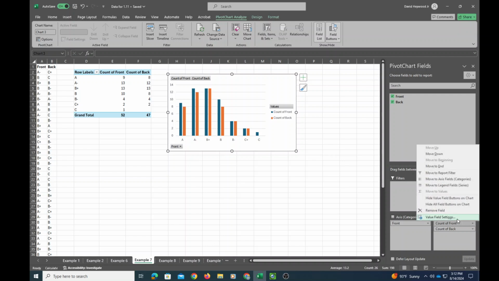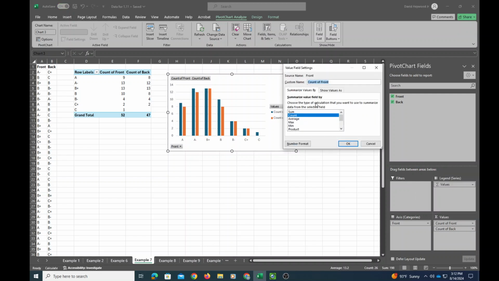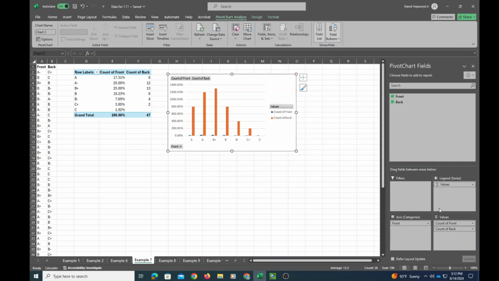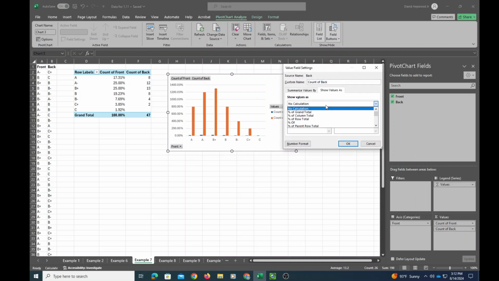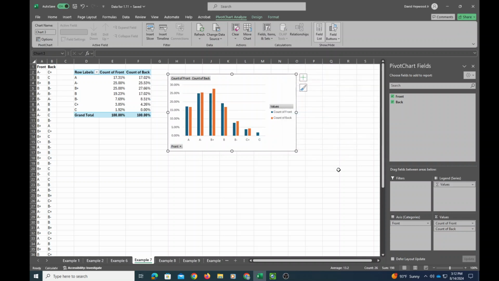So let me change these to percent of column total. Okay, so that's even better. The graph didn't change a ton, but now I have these percentages to work with, which is really nice.